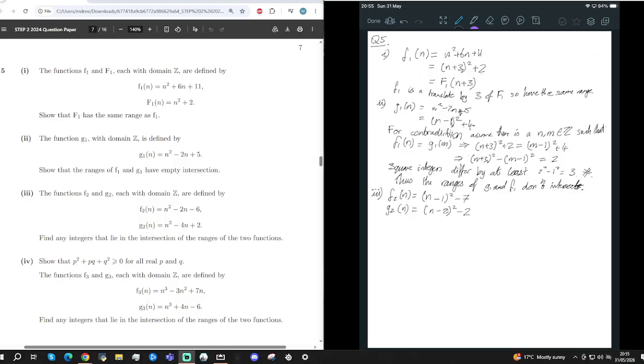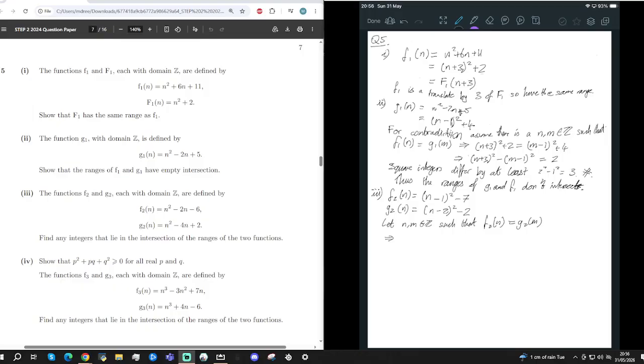So again, we're looking for things that lie in the intersection of these two ranges. Well, this time, if I were to do the same trick as above, my square numbers will differ by 5. And that is possible. You can have square numbers that differ by 5. So let n, m be in Z such that the outputs are equal.